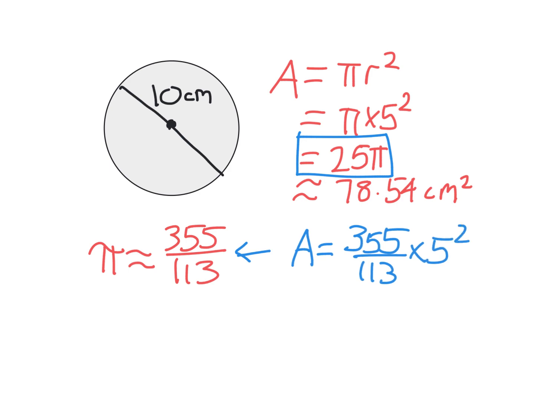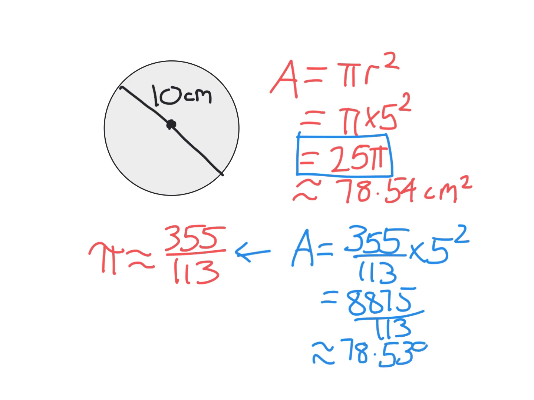So I would get for the area 8875 over 113. Now this gets me very close to the area. If I put that in the calculator, I get 78.5398, and it goes on. It's actually a recurring decimal. So that's very close. Now let's check how close it is.